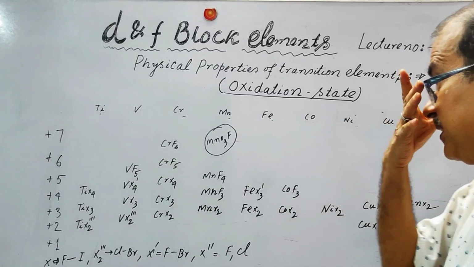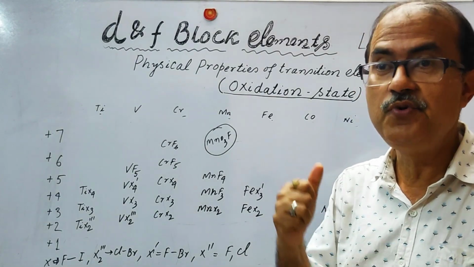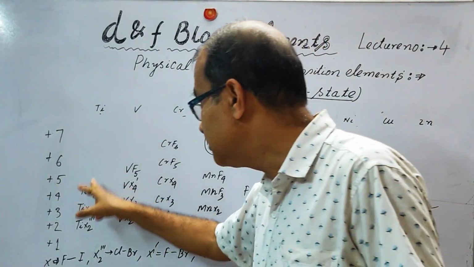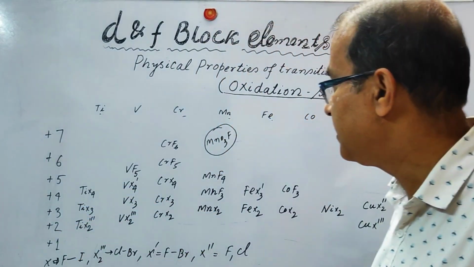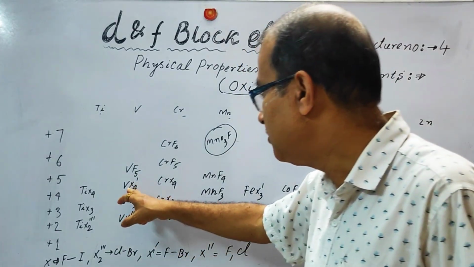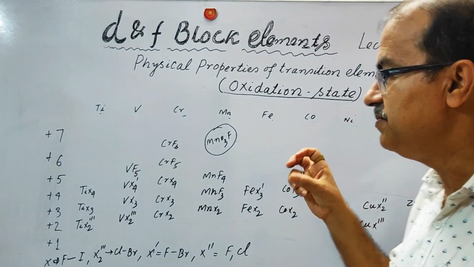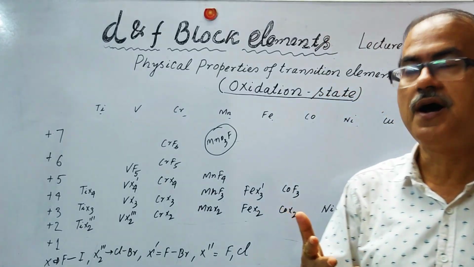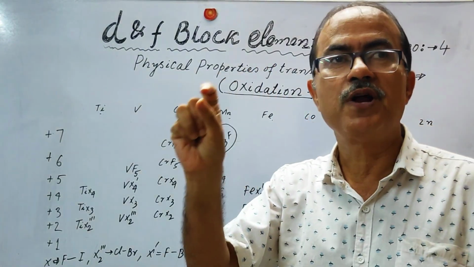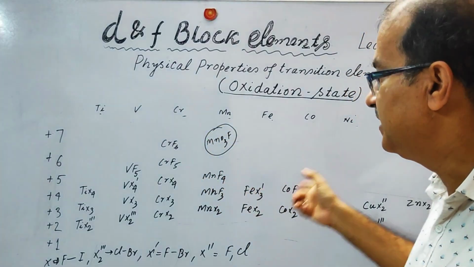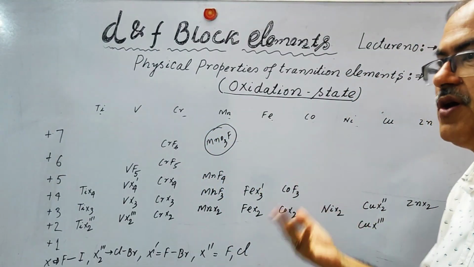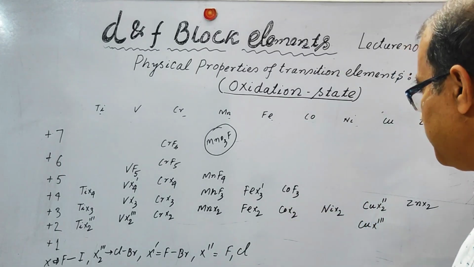So what we observe is a variety of trends, and you have to remember the exceptions only. This exception is there in the case of titanium, for the vanadium this exception is there, and this also is there. So we have to always remember that. Questions will be asked in this fashion, that we are given the product and we have to certify whether this product will be produced or not.